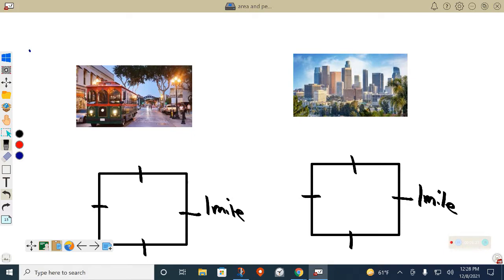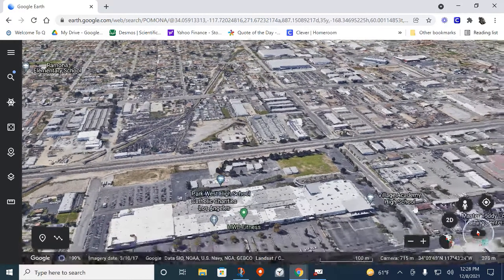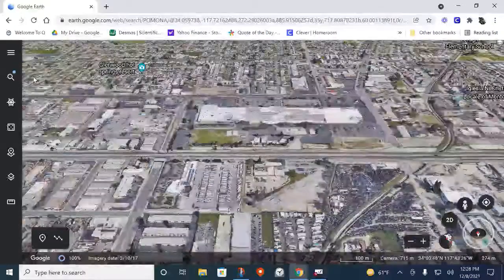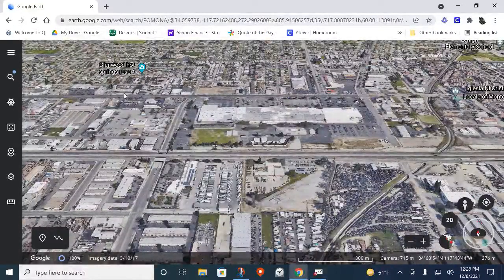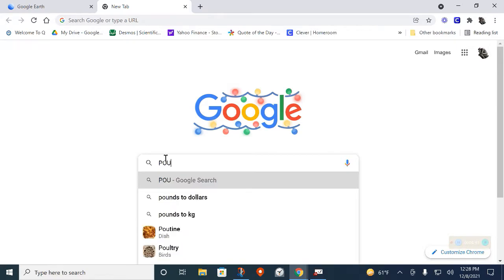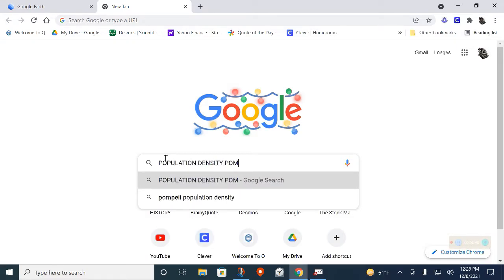So let's see what we have on my map here. So here's Pomona. Let's find the population density, Pomona, California.